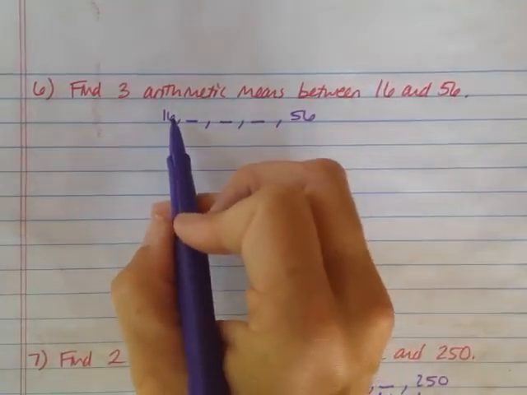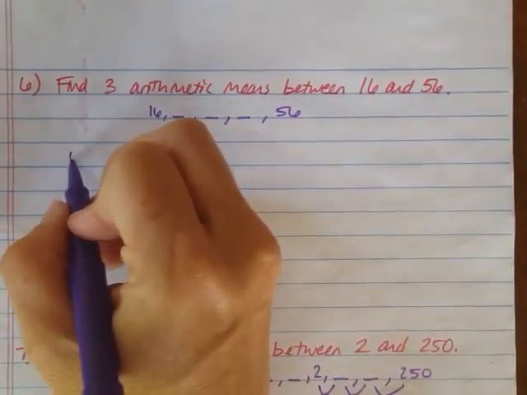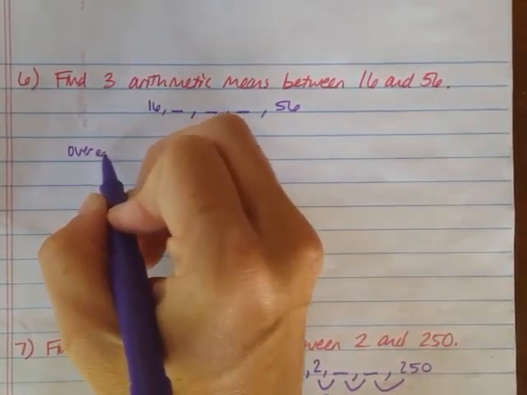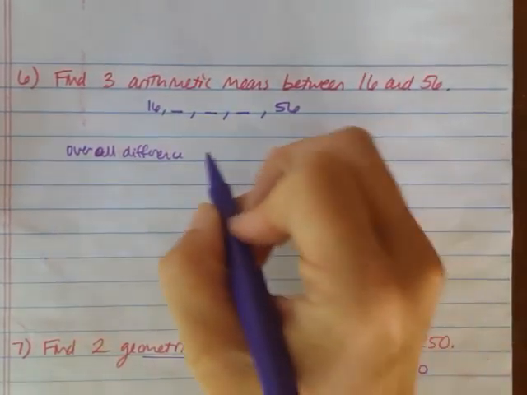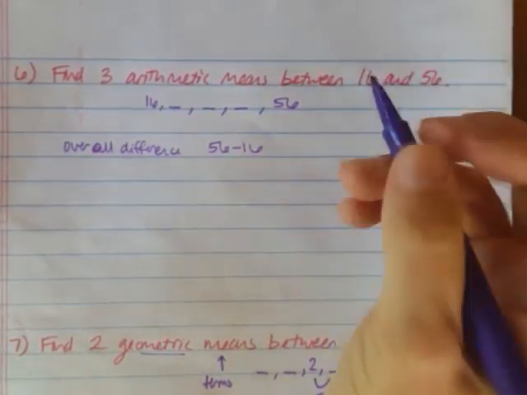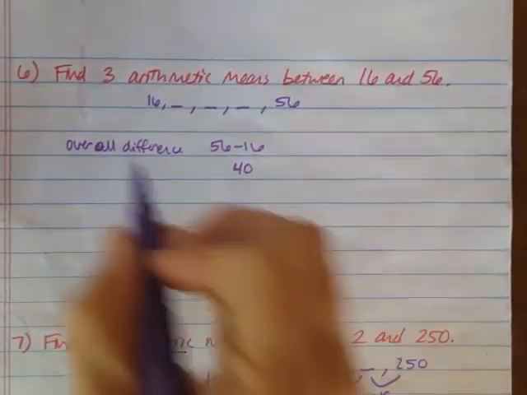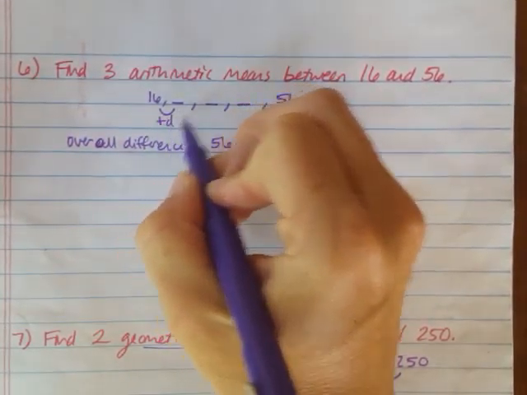But this time I'm not multiplying by r, and I'm not going to think about a ratio. I'm going to think of an overall difference. So I'm going to subtract 56 minus 16. So I've got 40.